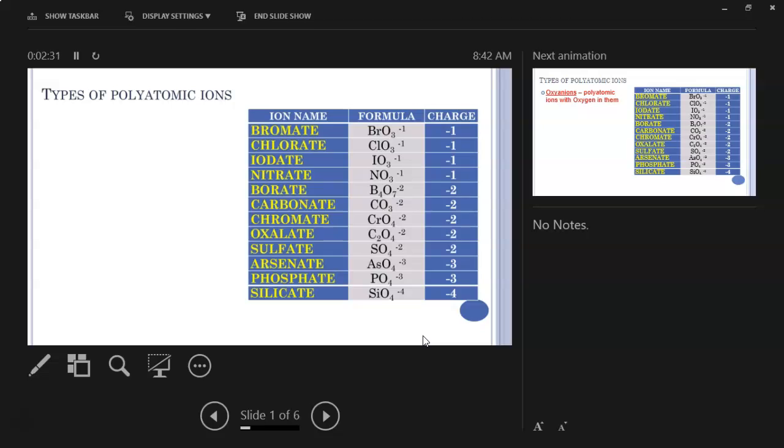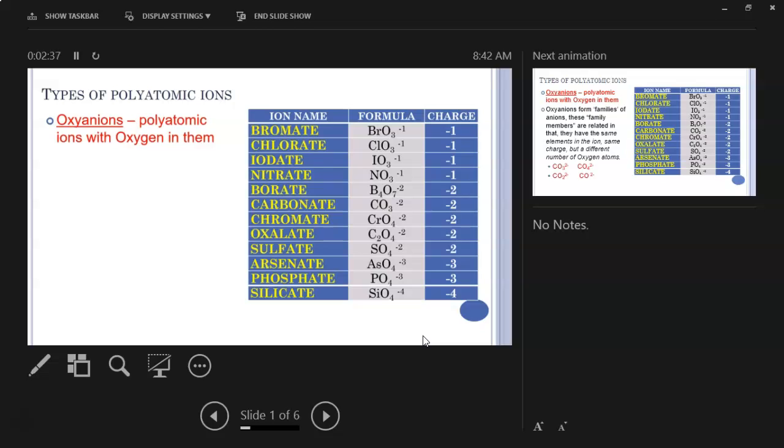And what does anion mean? Negative. So now, there's more, but these are the only ones we're going to focus on, okay? These are all called oxyanions. They all are negatively charged, like you guys said. They all have oxygen. I would put that in your notes. Super good question.